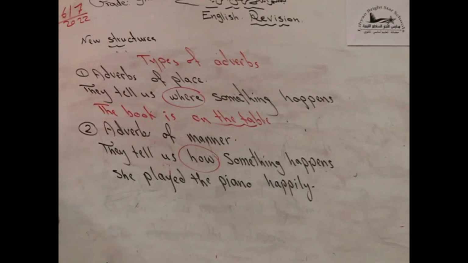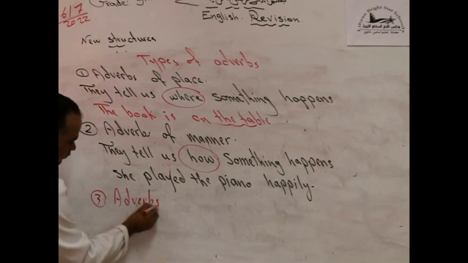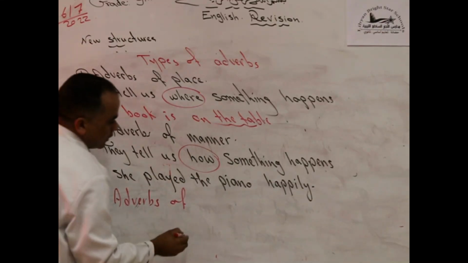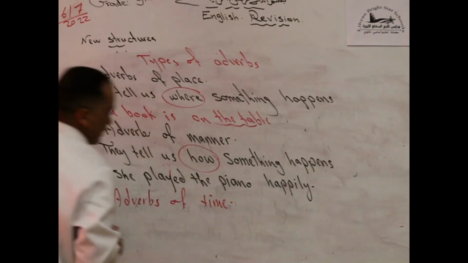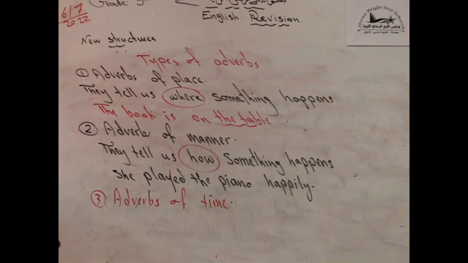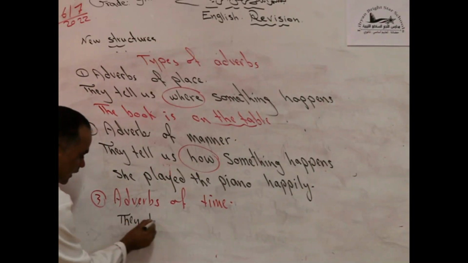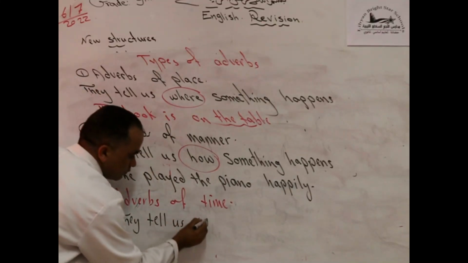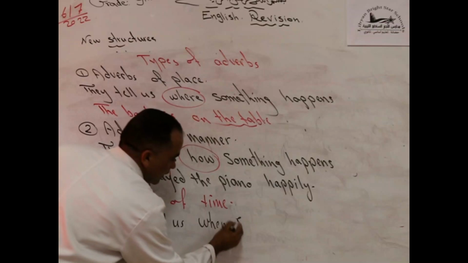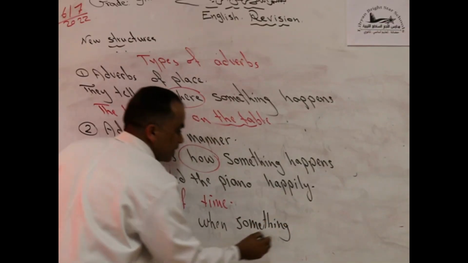The third type, adverbs of time. Adverbs of time, they tell us when something happens.